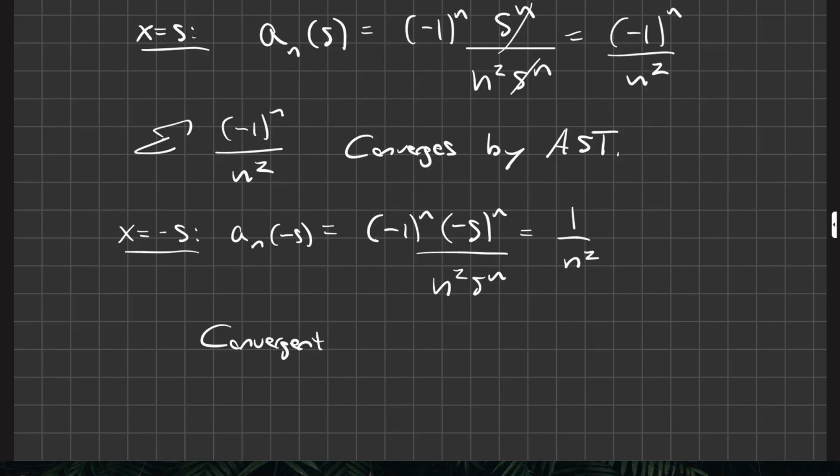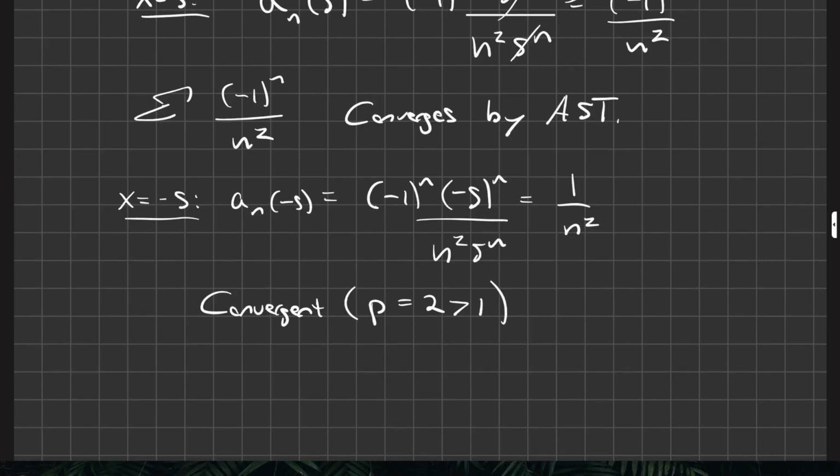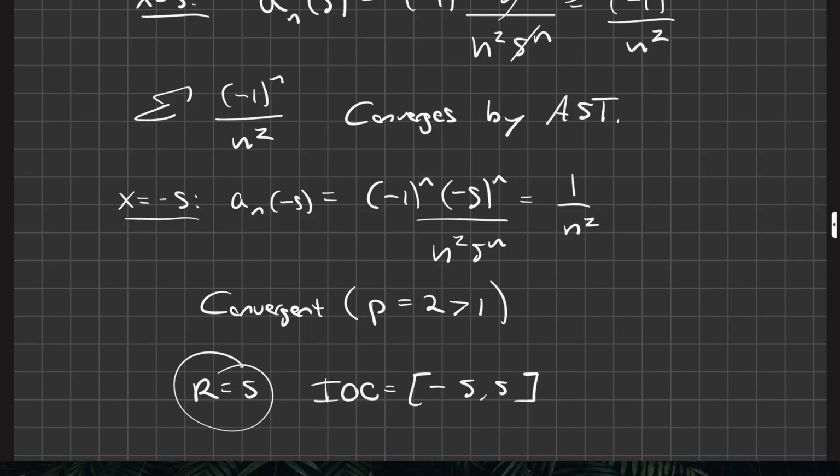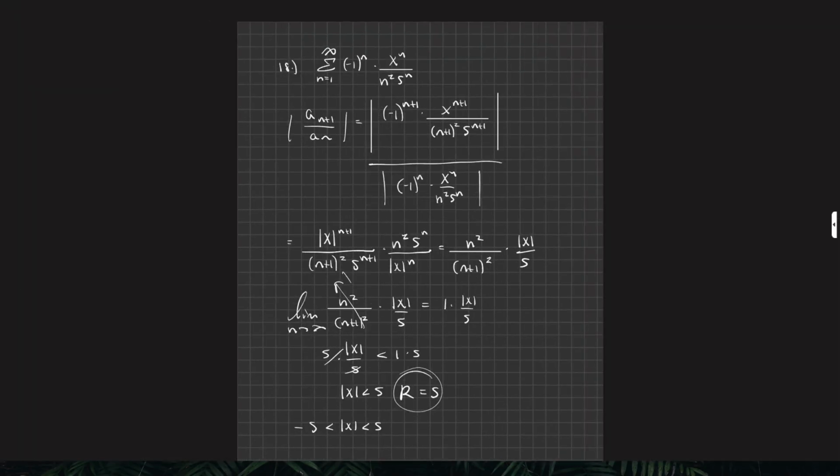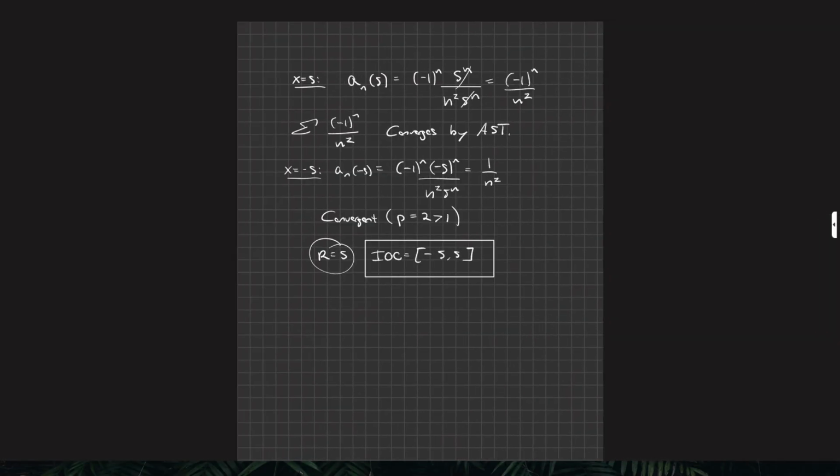So convergence with p equals 2, which is greater than 1. So our radius is 5, and our interval of convergence is -5 to 5, all included. All right. And that is the solution to this problem. So, as always, just go through the ratio test, solve the inequality, test the endpoints.